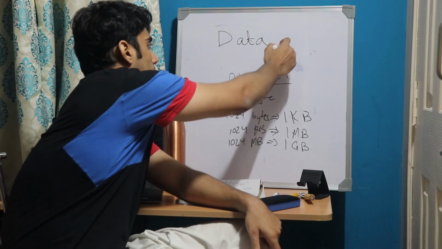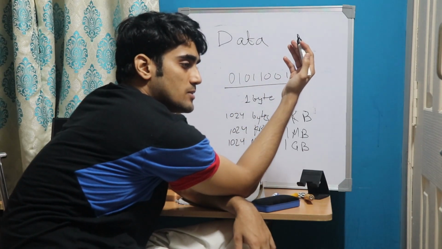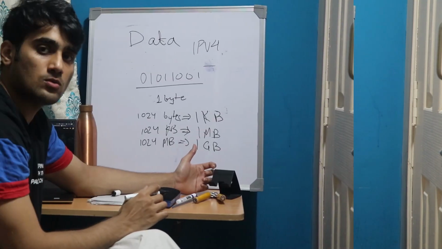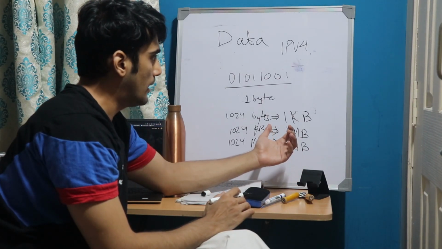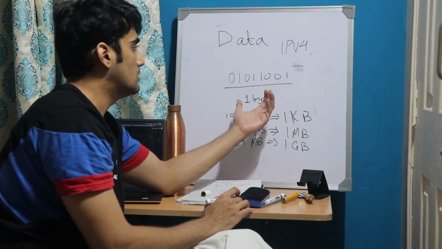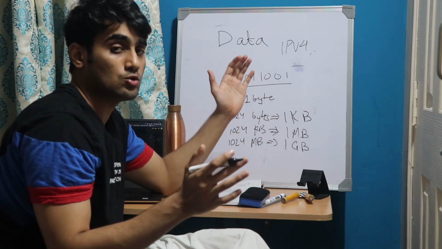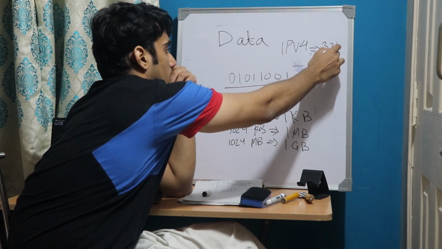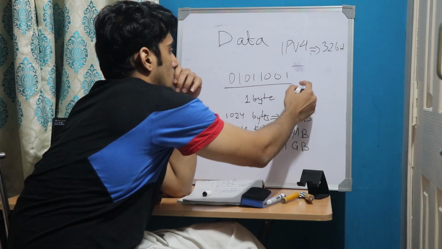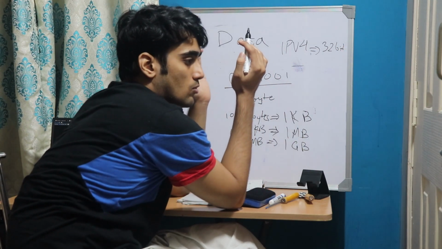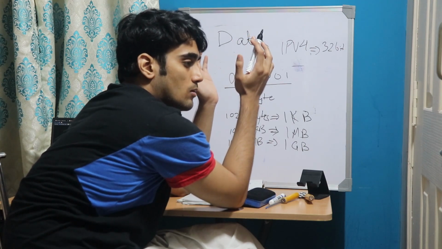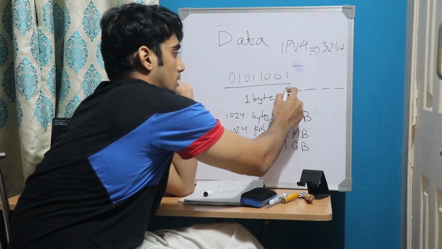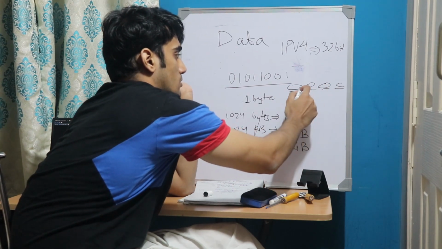Let me tell you. Any address was initially represented in the form of an IPv4 address. IPv4 is a 32-bit address. It's like 4 groups of 8 bits. So 1, 2, 3, 4, and 8 bits in each of these 4.